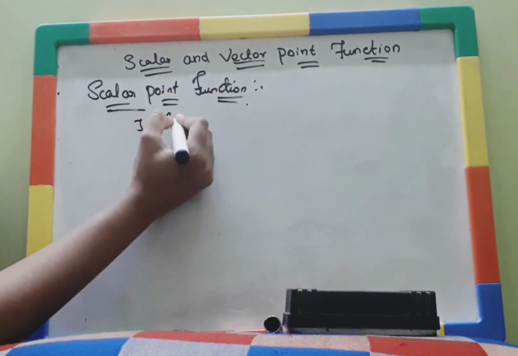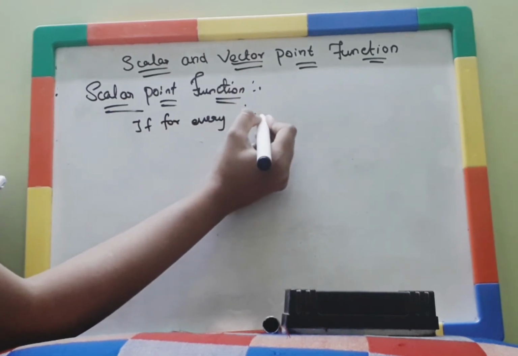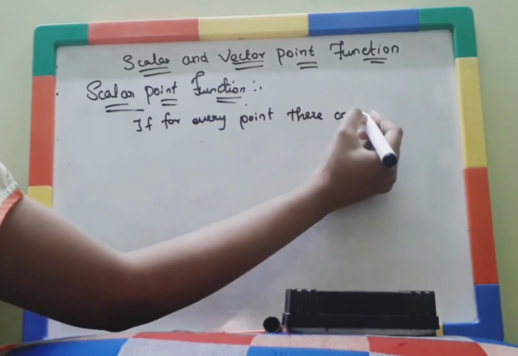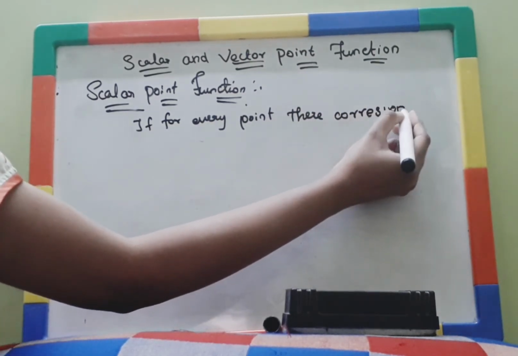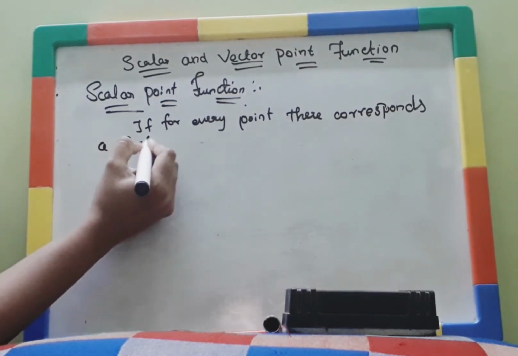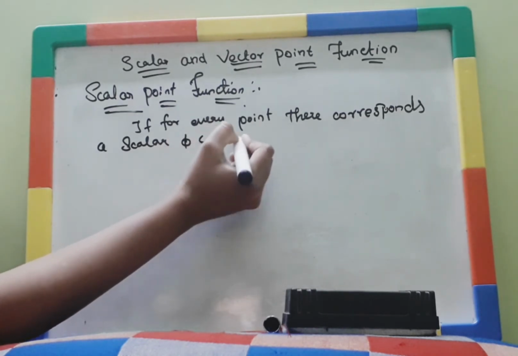Scalar point function: if for every point there corresponds a scalar psi(x, y, z), then psi(x, y, z) is called a scalar point function.